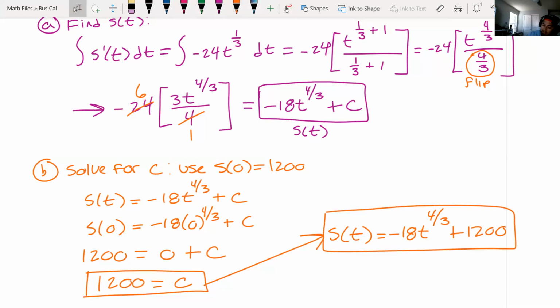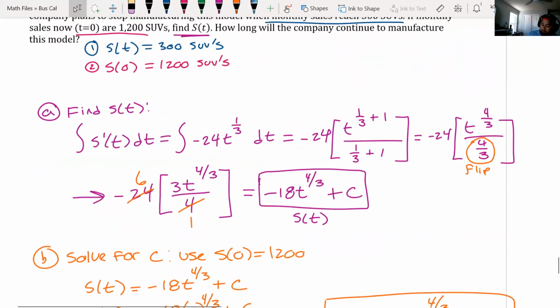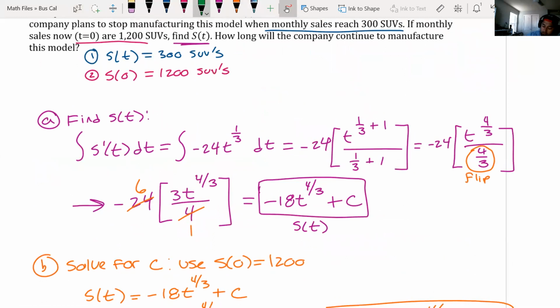All right. And now we answer the last question. It says, how long will the company continue to manufacture this model? So remember, we want to stop manufacturing when we reach 300 SUVs. So now we're going to use the first clue.